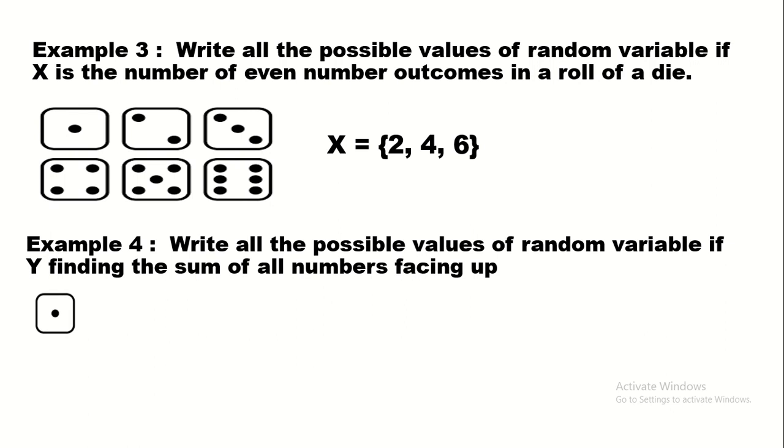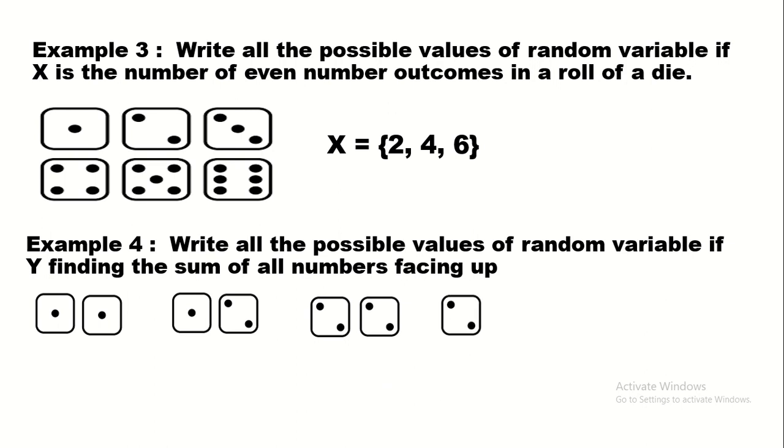So, halimbawa, ikaw ay naghagis ng isang die. So, 1 ang lumabas. Sumunod ay 1. Sumunod naman, 1 and 2 ang lumabas. Yung nakaharap, naka-facing up. 2 and 2, 2 and 3, and so on and so forth. Hanggang dumating ka sa 6 and 6.